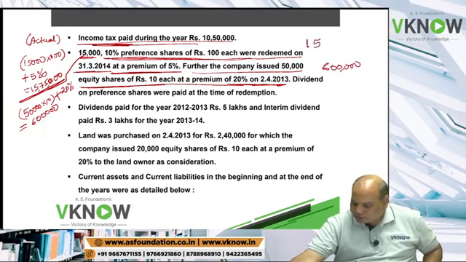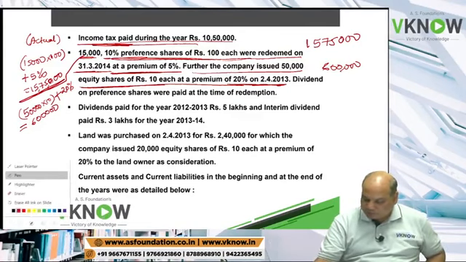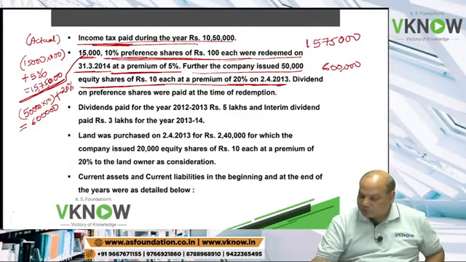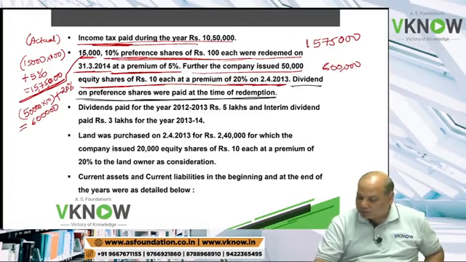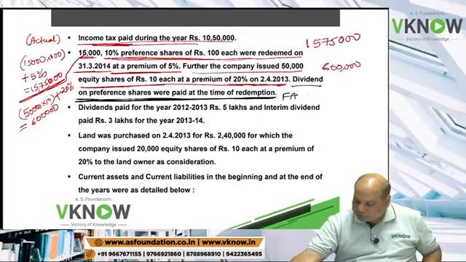Preference share redeemed 15 lakh 75,000. Next point, dividend on preference shares was paid at the time of redemption. So this also will come in financing activity. Dividend on preference shares will be 15,000 into 100 into 10%, that comes to 1,50,000.